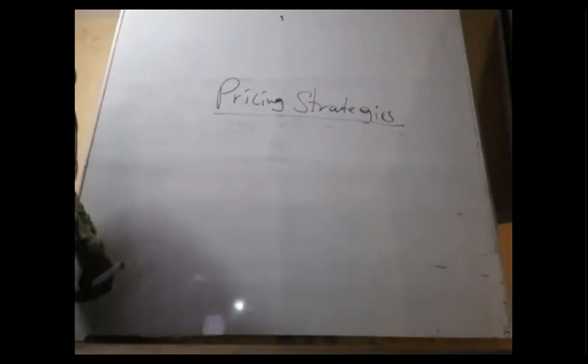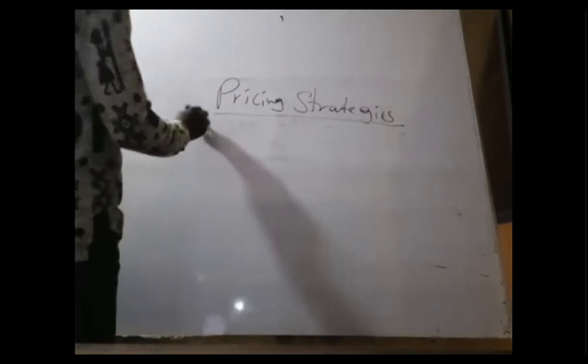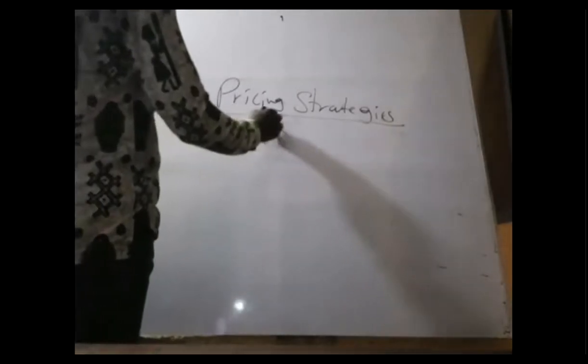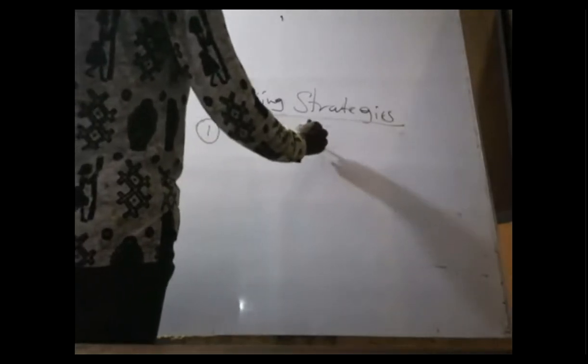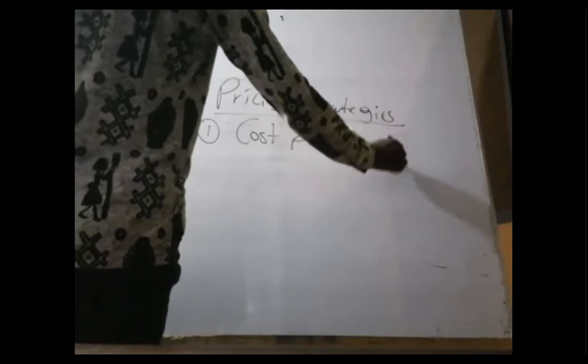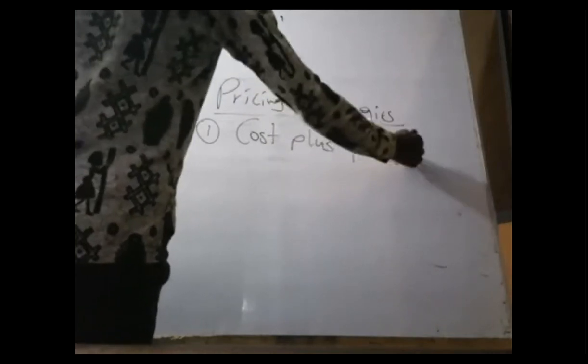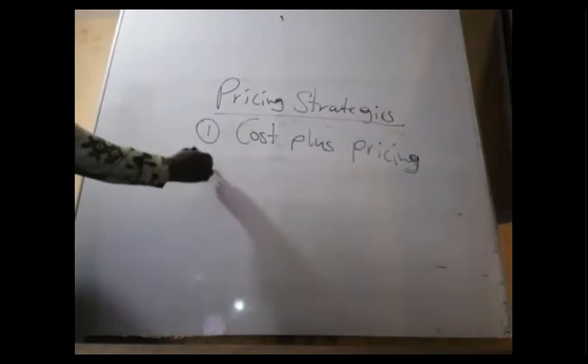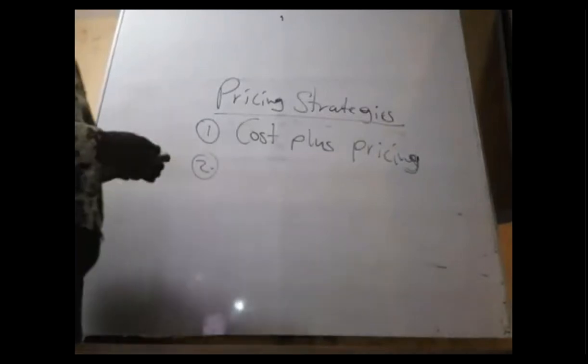The pricing strategies available: number 1 is the cost plus method, cost plus pricing. Cost plus simply means you calculate the cost.